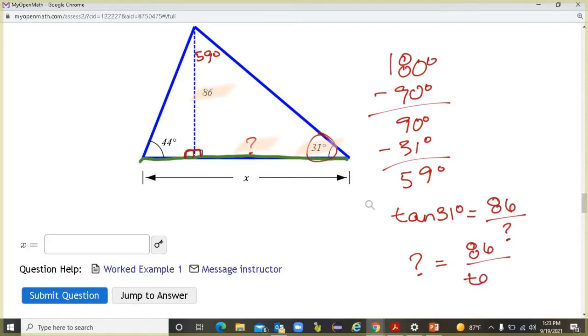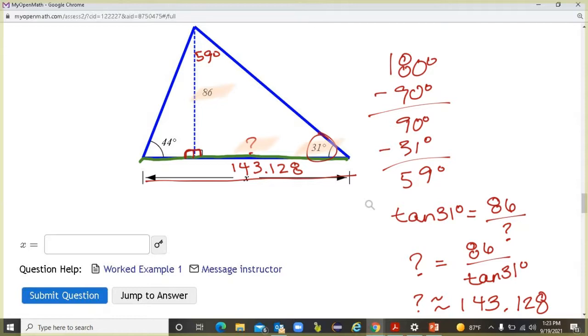You get 86 over tangent of 31 degrees. You can cross multiply and then divide to see that. But I'm just going to put this in my calculator. So 86 divided by the tangent of 31 degrees. This means that my question mark is approximately 143.128. So this side is 143.128. That's not what they want. They want the whole thing.